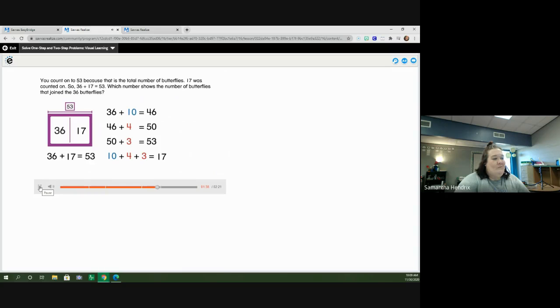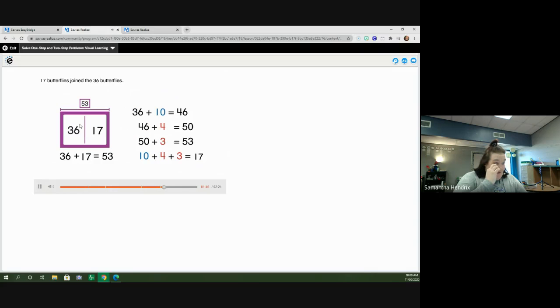Which number shows the number of butterflies that joined the 36 butterflies? Select your answer. So which did we join the 36 to get 53? So 17. 17 butterflies joined the 36 butterflies.